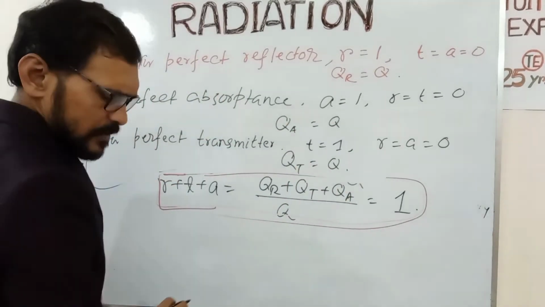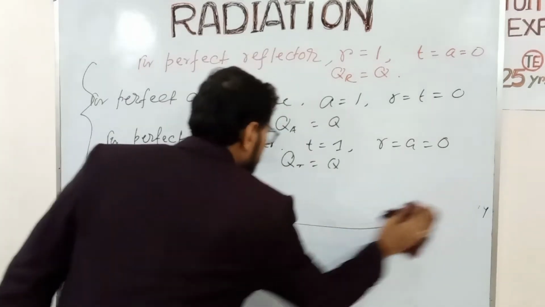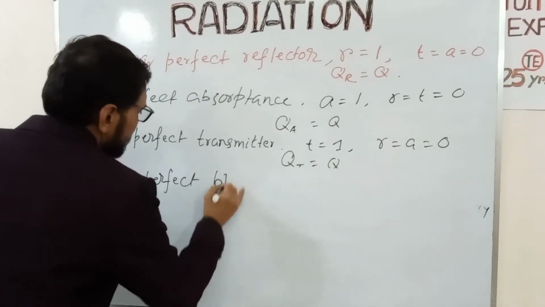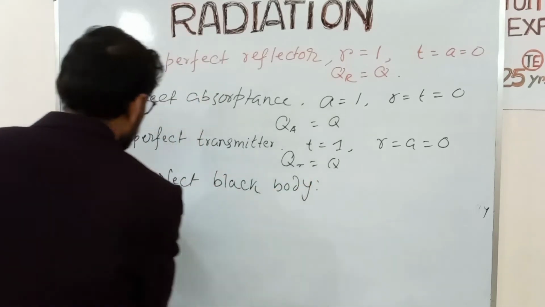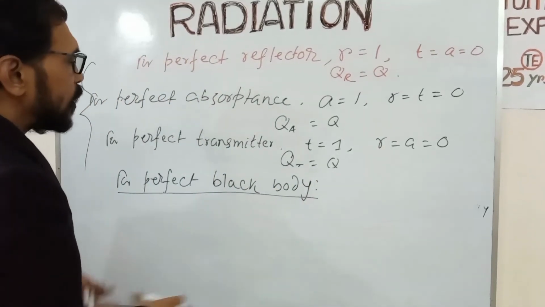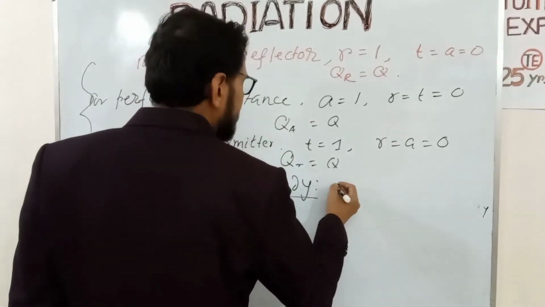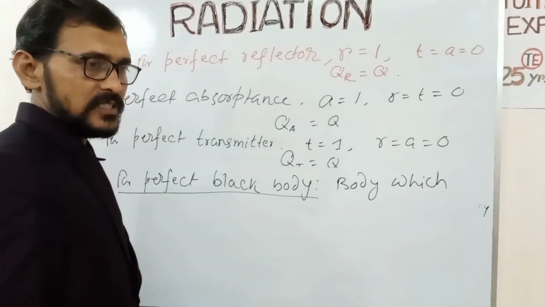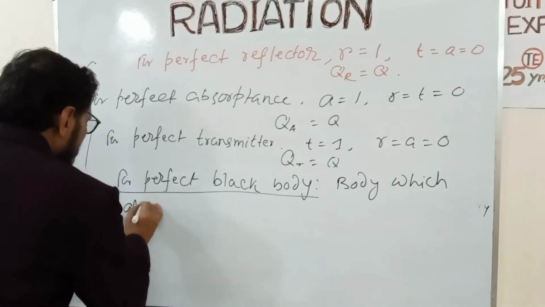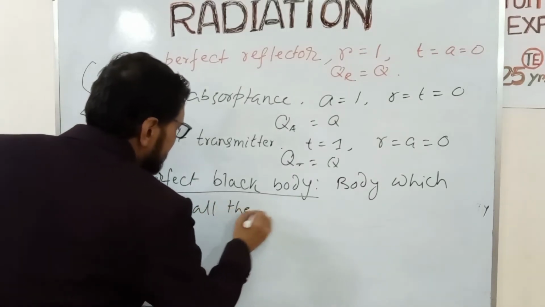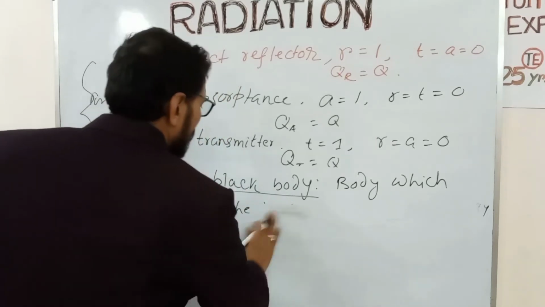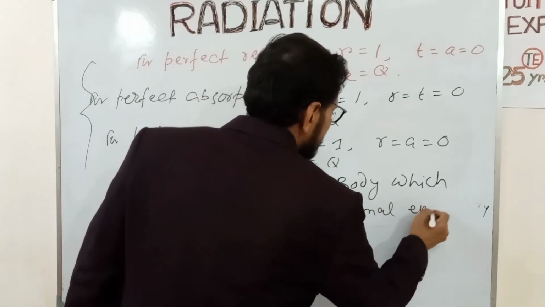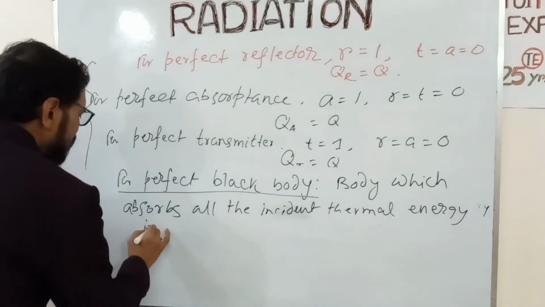Now for a perfect black body, what is the definition of a perfect black body? It is the body which absorbs all the incident thermal energy incident on it.